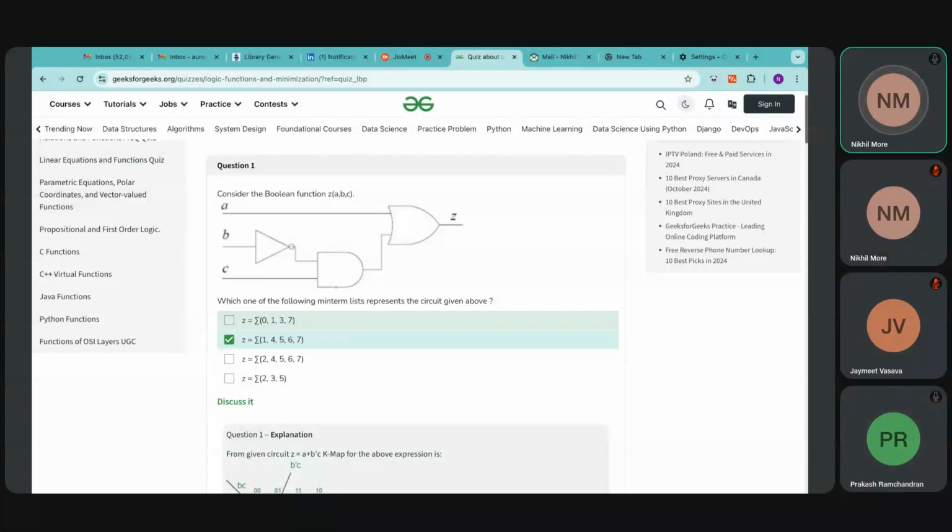The OR operation takes place when the smaller terms are combined using an OR gate. So that is a sum of products, which is min term. Sum of products will be min term.